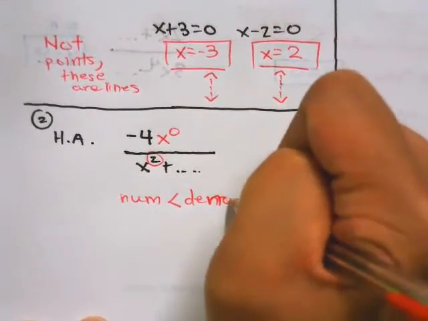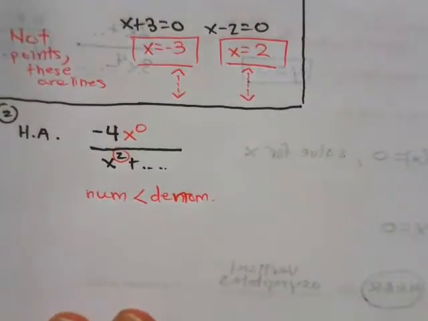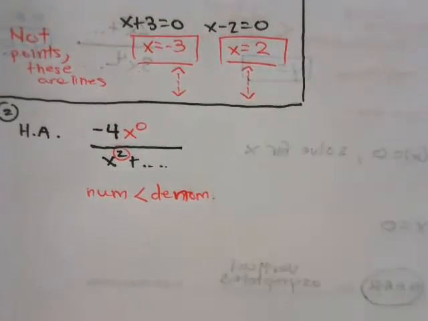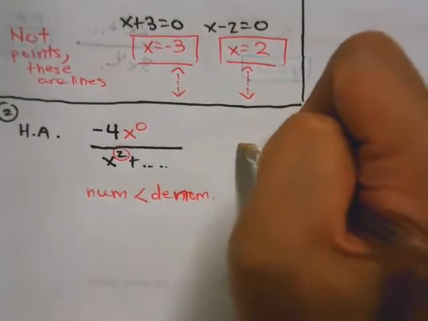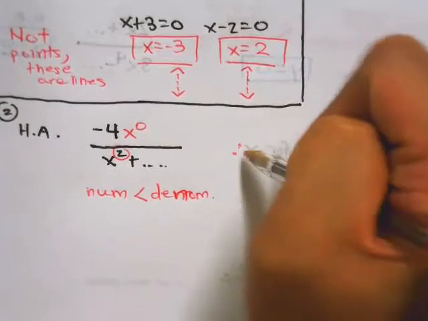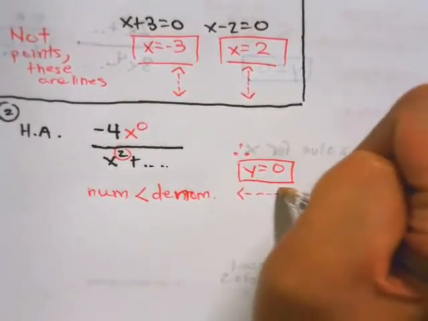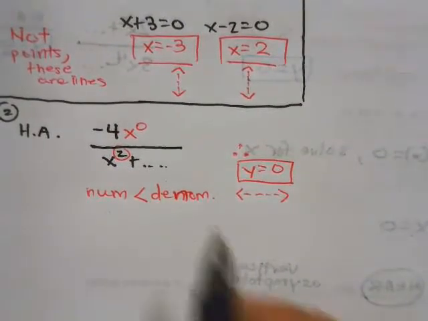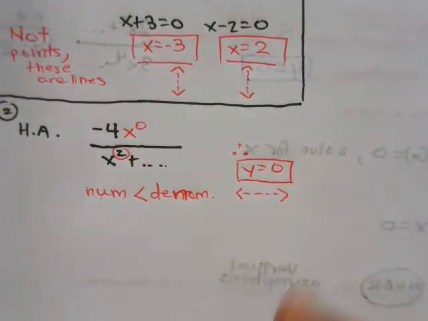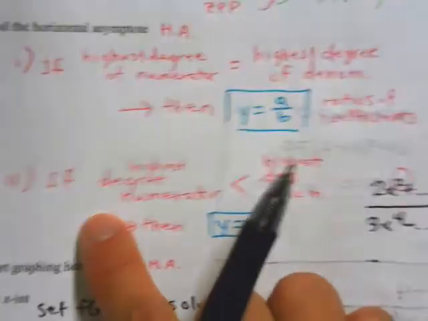Because of that, therefore, your horizontal asymptote is y is equal to 0. Will there ever be a case where the degree of the numerator is greater than the denominator? The answer is yes. We will get to that, but not now.